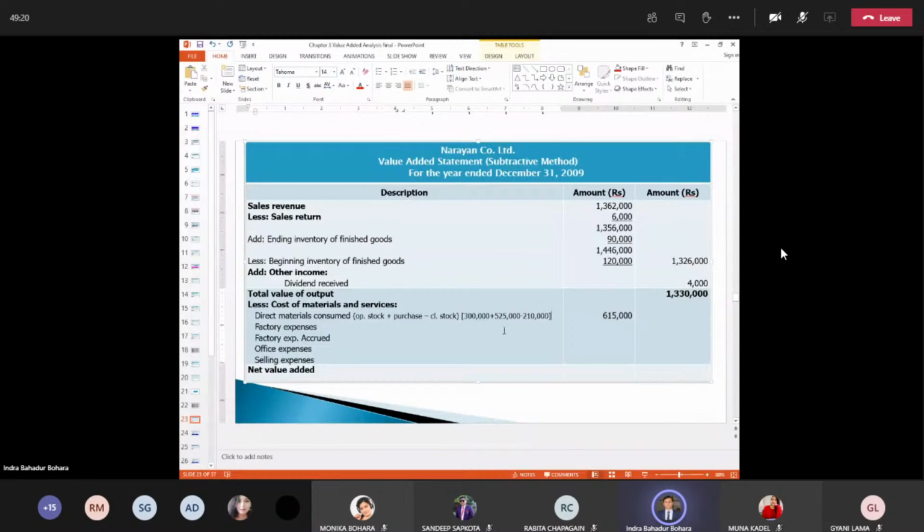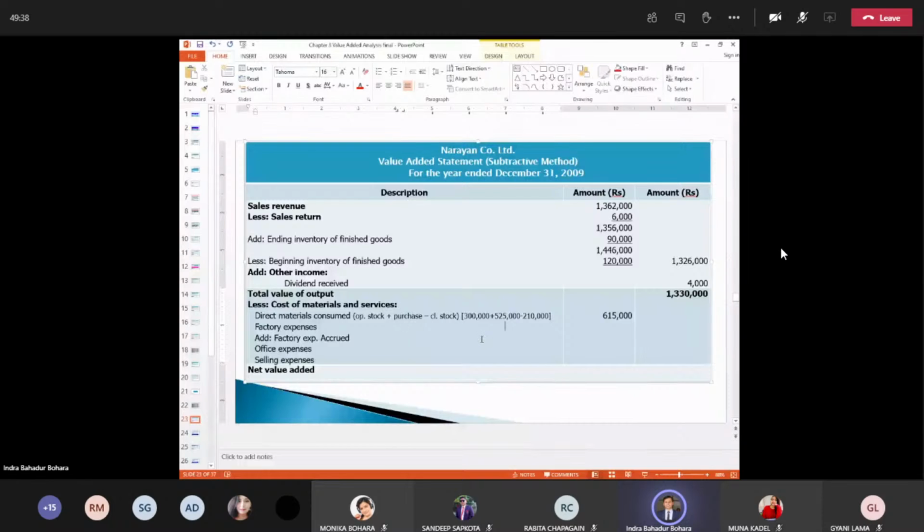Factory expense is 2,50,000. Or you can write add accrued separately. Accrued is the liability and expense under the accrual accounting.